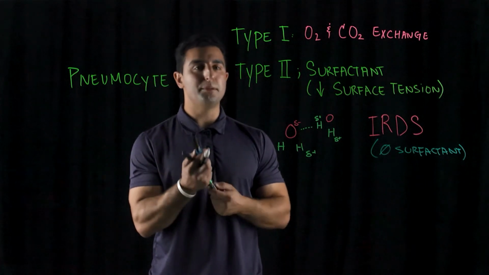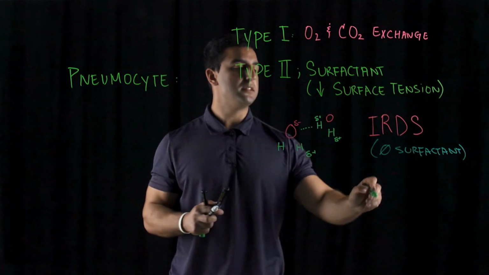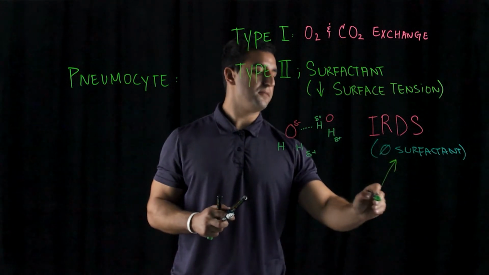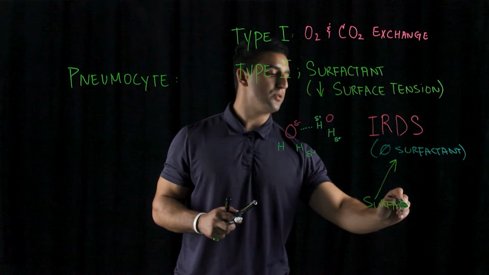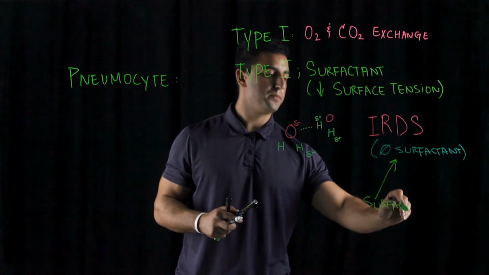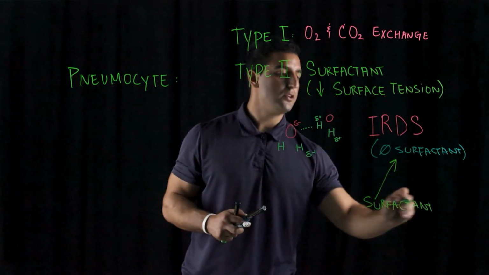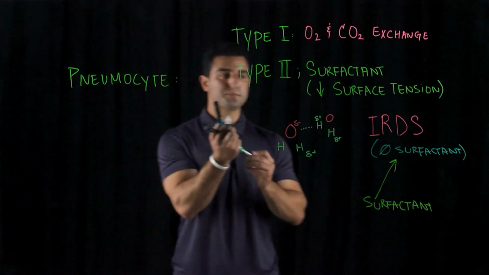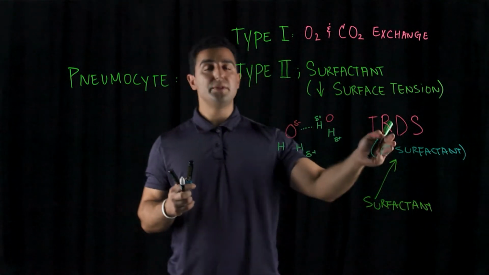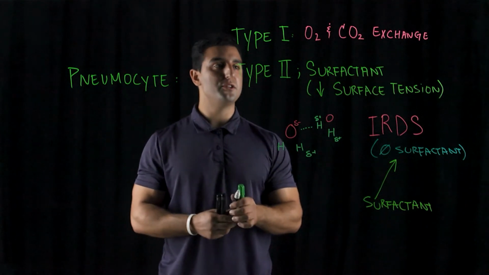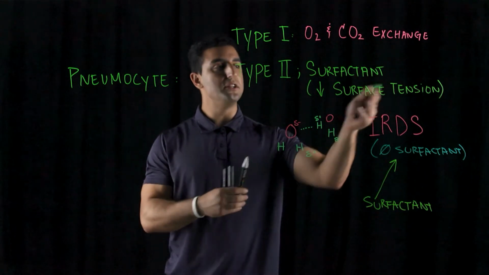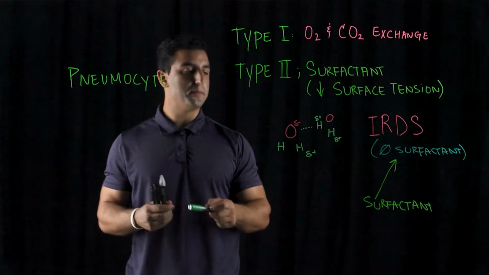The doctors supplement some kind of synthetic surfactant in order to compensate for this increased surface tension. And so this is the main function of this, and it's really dangerous, right? Surfactant plays a big role in a lot of other physiological processes to decrease surface tension throughout the body, all right?